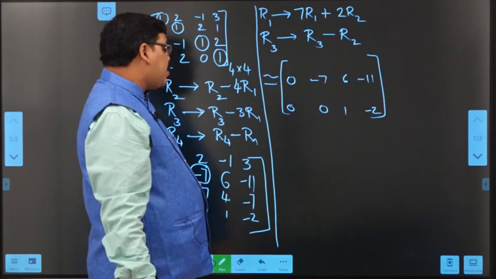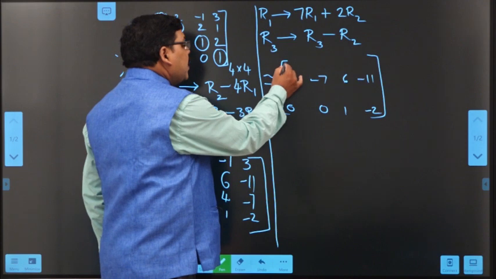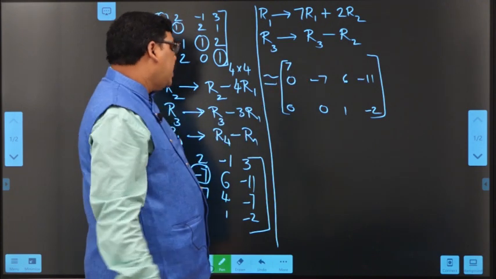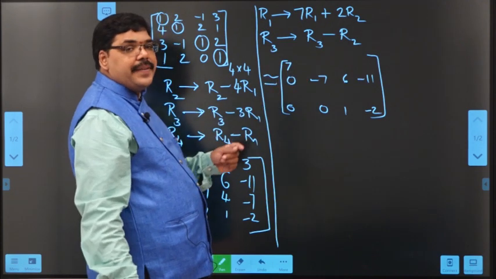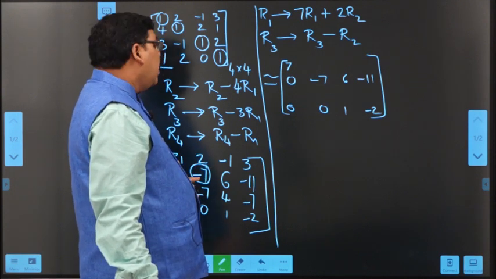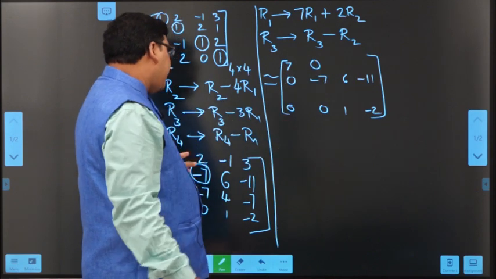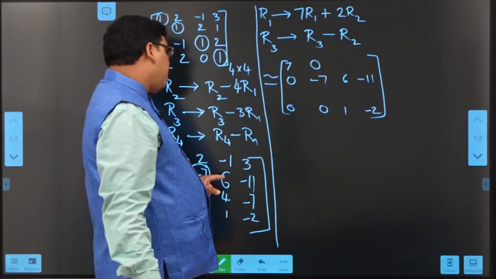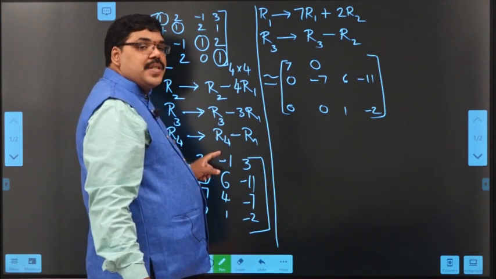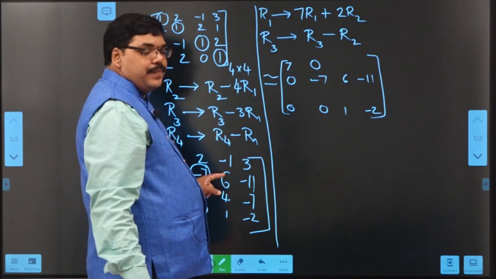I am multiplying the first row with 7. So 1 into 7, 7, 7 minus 0. In the second position, 7 into 2, 14, minus 14, 0. I am multiplying the first row with 7, second row with 2. So the third position becomes minus 7 here and 12 here.